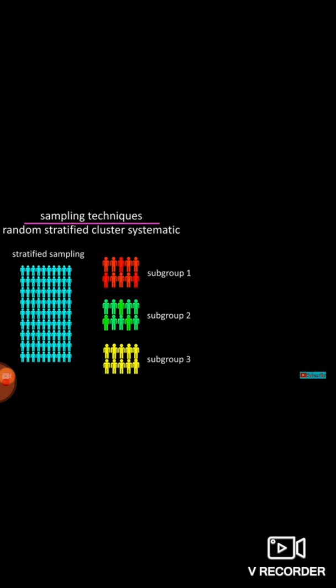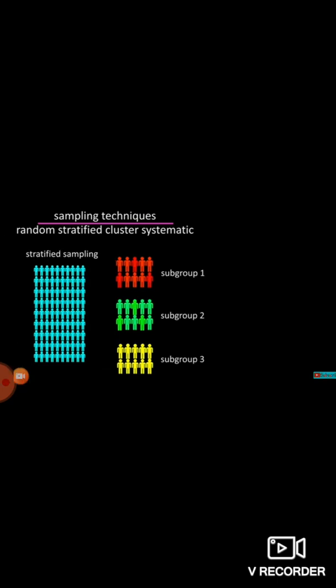So in this method, what happens? For example, if we want to know the pocket money or income of people, we divide them into subcategories like this.